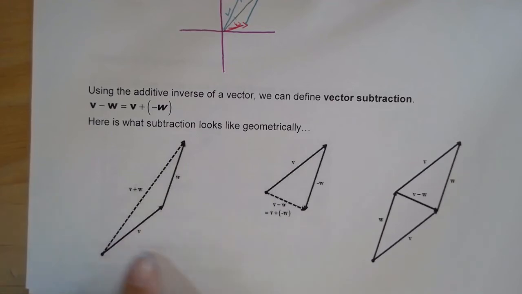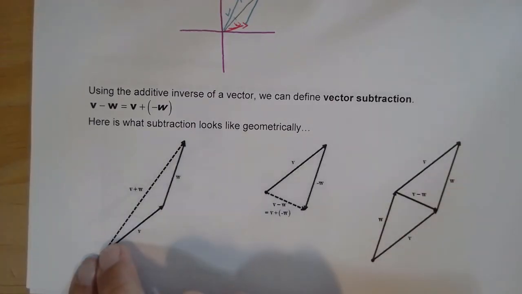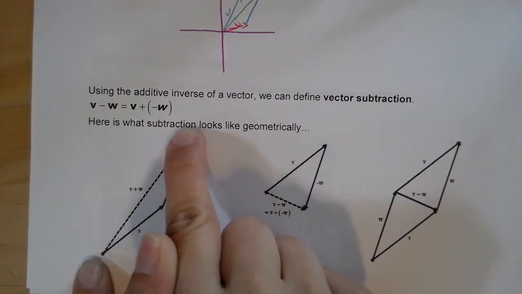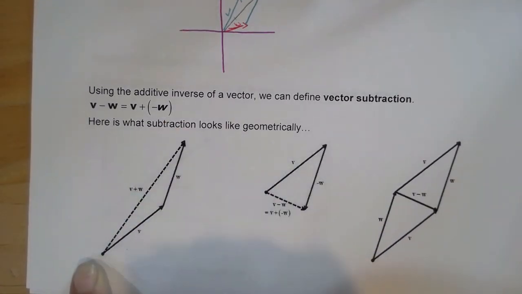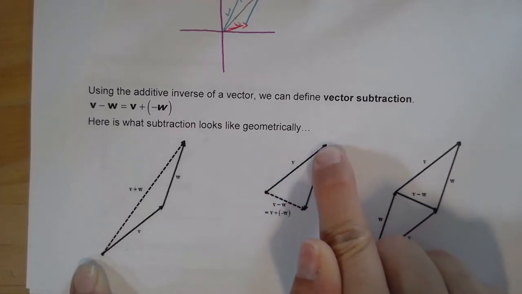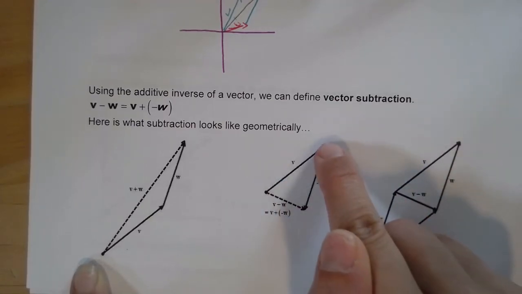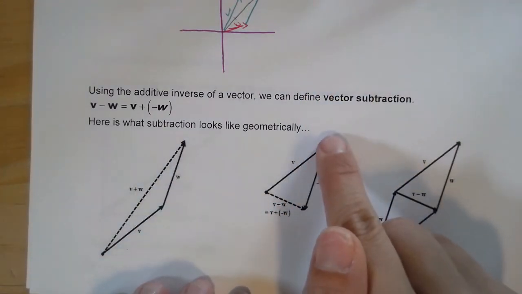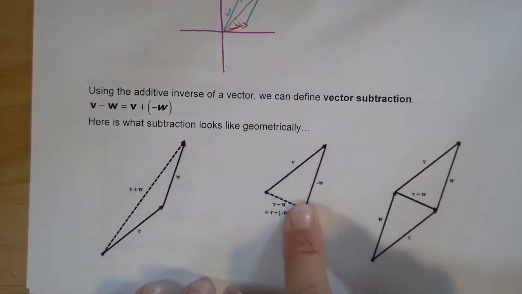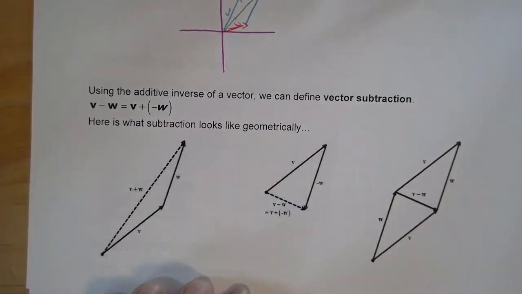So if we were actually doing addition right now, we would say v plus w, and we would get our v plus w. But really what we're looking at is v minus w. So we start with v, and instead of adding w onto it like we did here, we're going to go in the opposite direction, and then we end up with our v minus w vector. Okay.